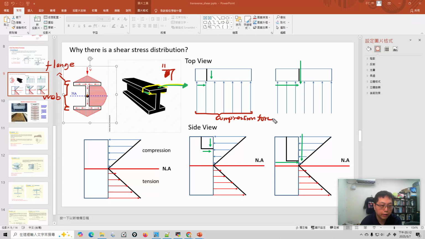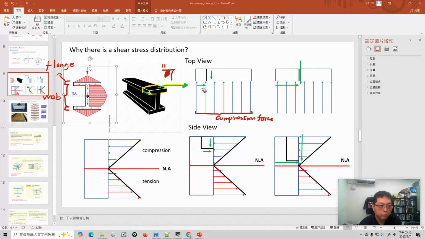On the top view, we cut a small section here, and also we can cut a small section here, and then we will compare the shear stress at this part and this part. Let's begin. There is a difference. You will see there will be a different shear stress at this position.